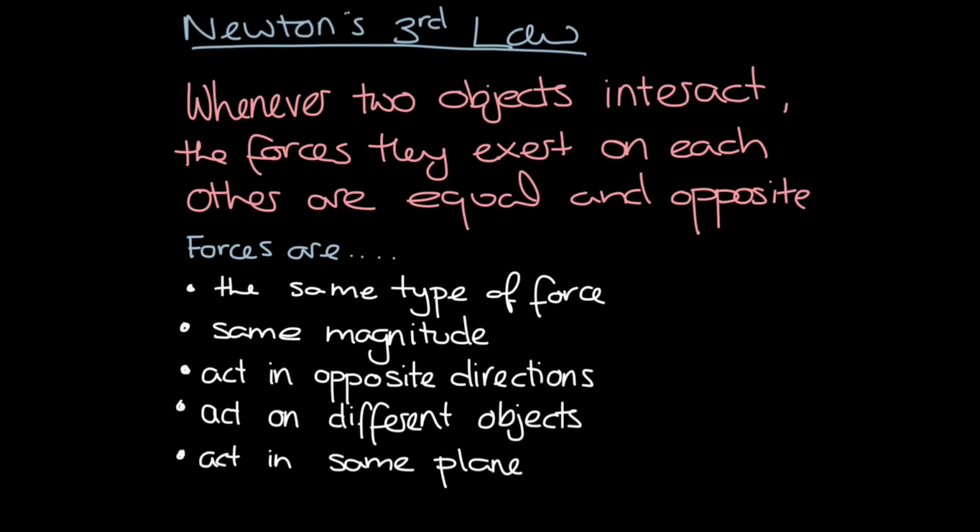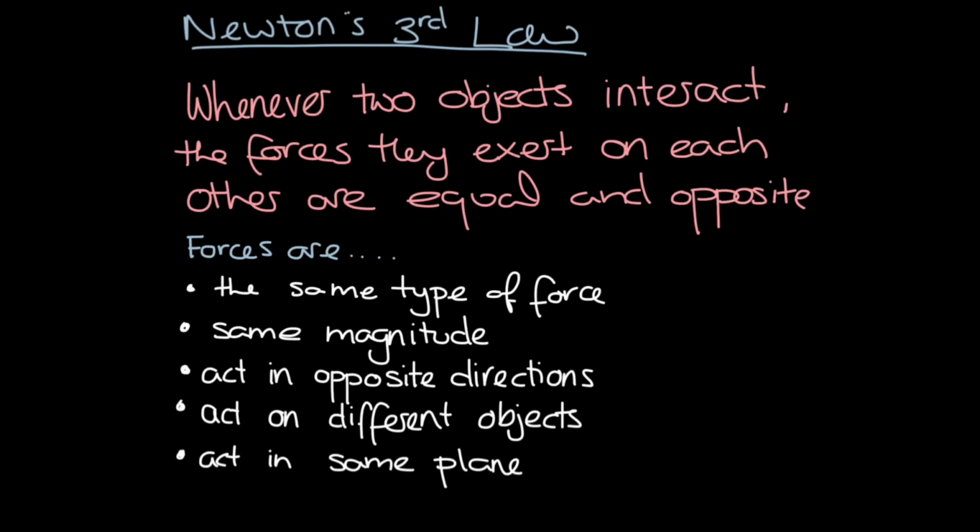Now, there's a couple of characteristics that Newton's third law pairs of forces have. Newton's third law says whenever two objects interact, the forces they exert on each other are equal and opposite. And it's important to remember when you're looking at a situation and trying to identify the objects and the forces, that the third law pair of forces are the same type of force.